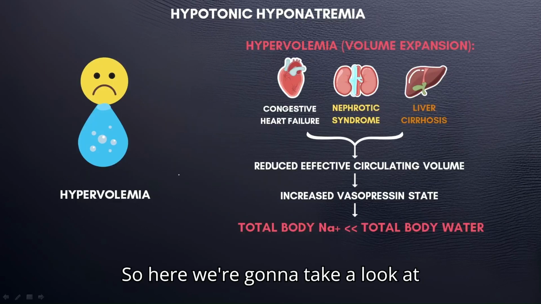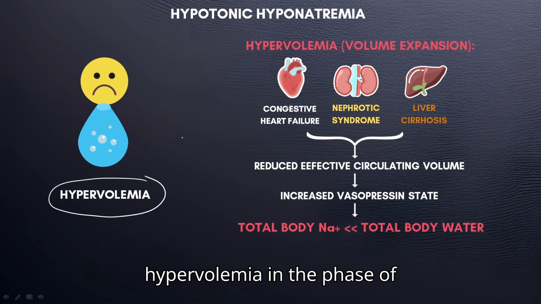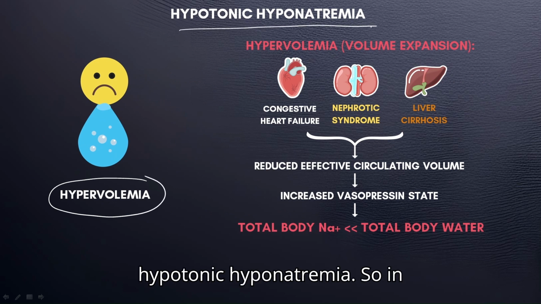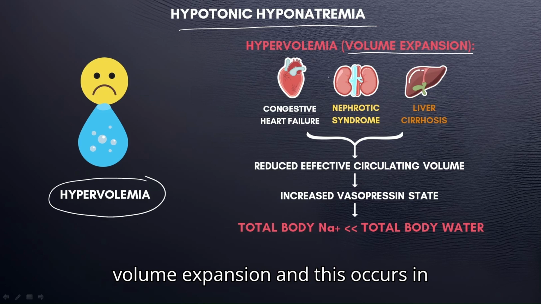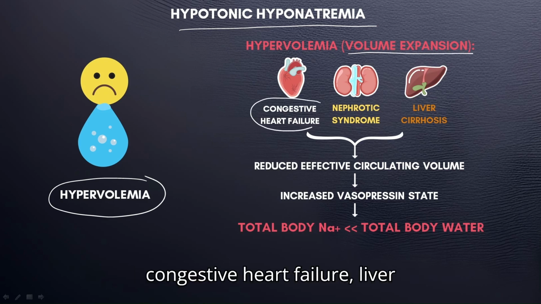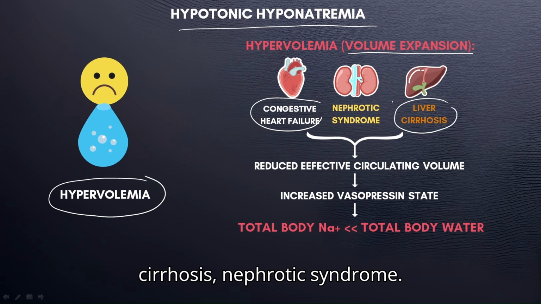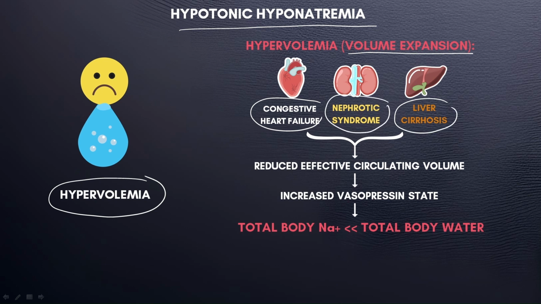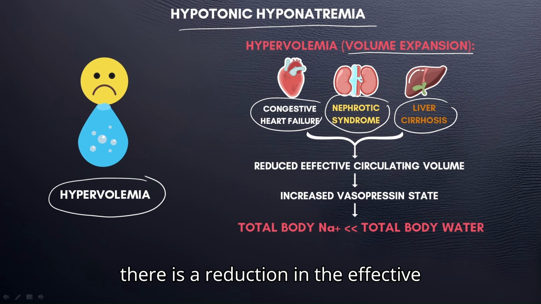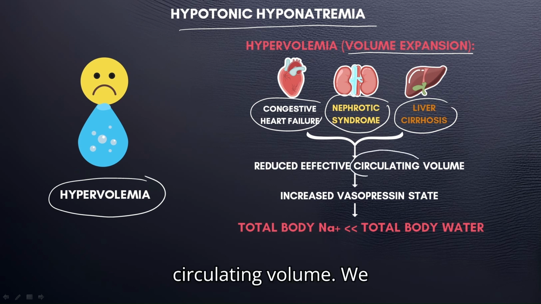So here we're going to take a look at hypervolemia in the face of hypotonic hyponatremia. In hypervolemia, of course, there is a volume expansion, and this occurs in congestive heart failure, liver cirrhosis, and nephrotic syndrome. Now, the important thing to note is that there is a reduction in the effective circulating volume.